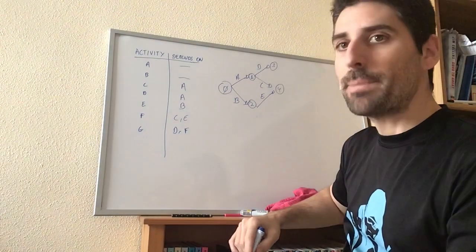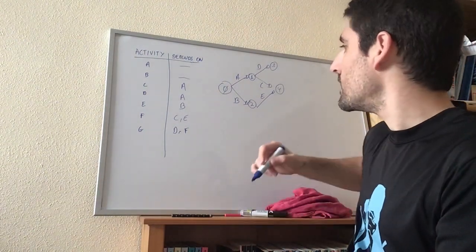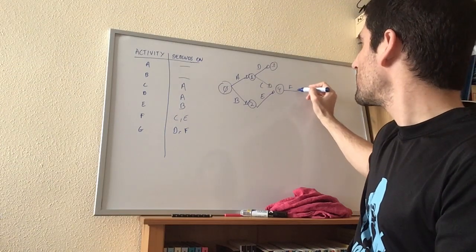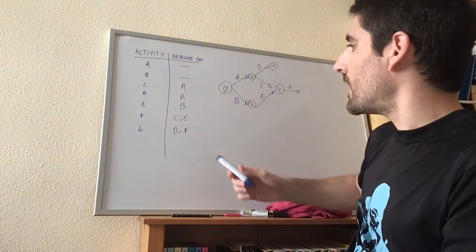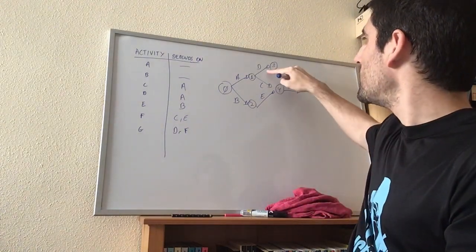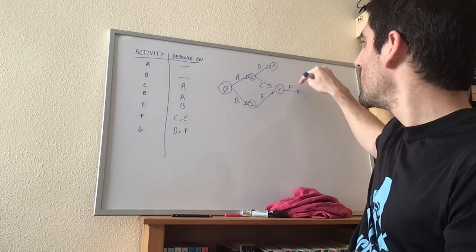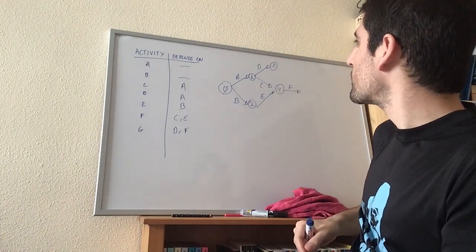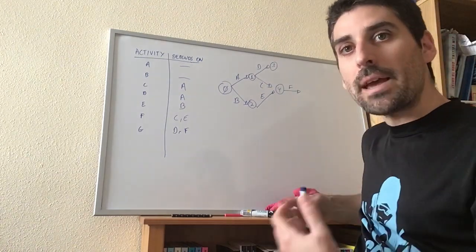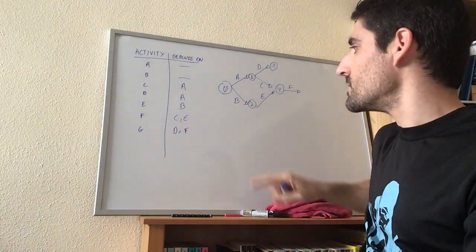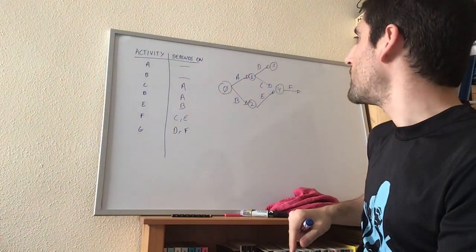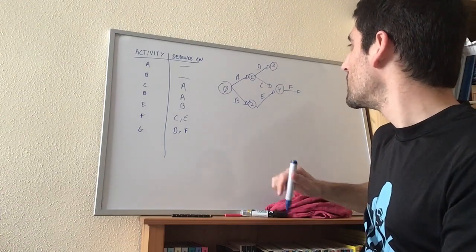D, E, F depends on C and E, so from C and E, I'm going to have activity F coming out, and activity G depends on D and F. So D and F should both lead into the same node, because G depends on D and F, they depend on the same node.